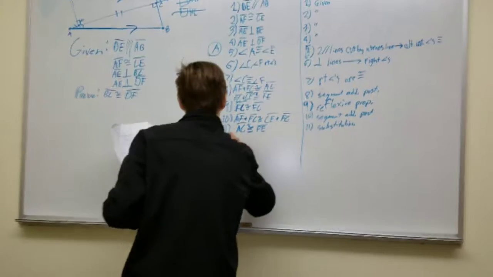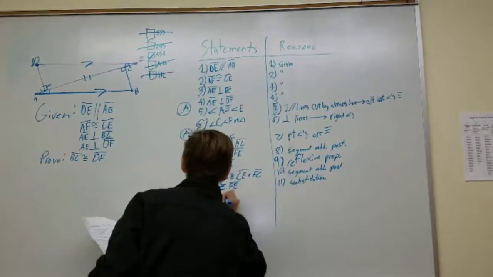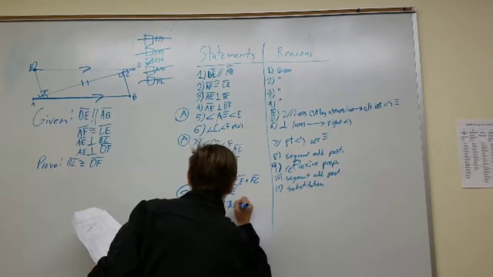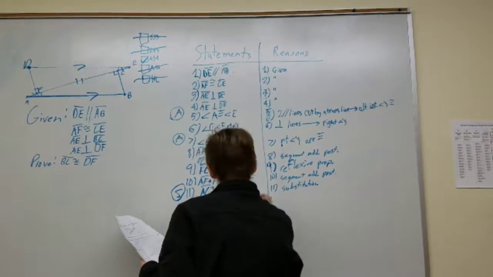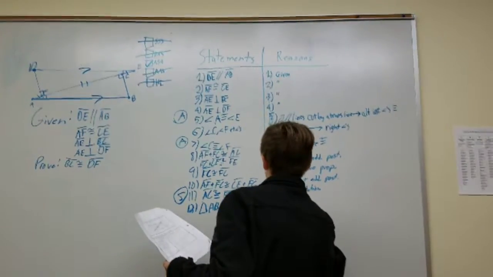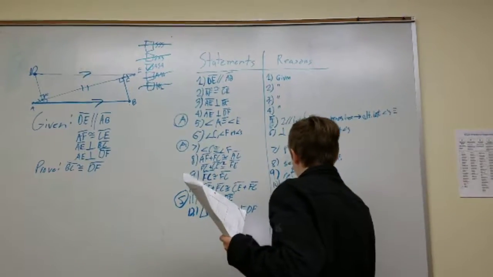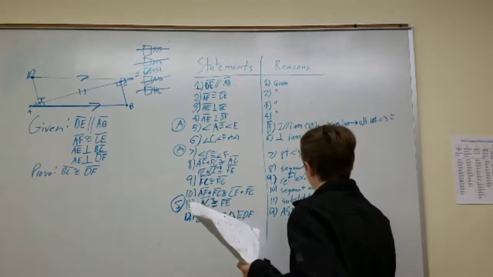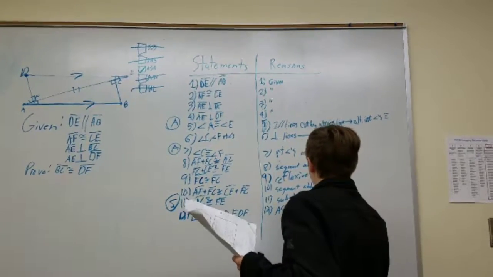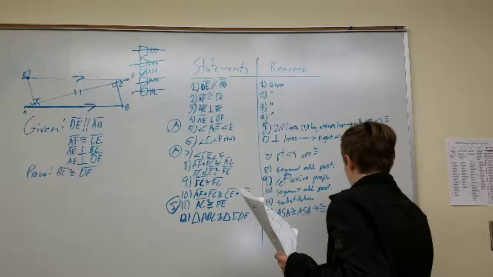So now we're going to go into step number 12, which is going to be proving that triangle ABC is congruent to triangle EDF. And we know this because when angle, side angle is congruent to corresponding angle, side angle, that implies that we have congruent triangles.